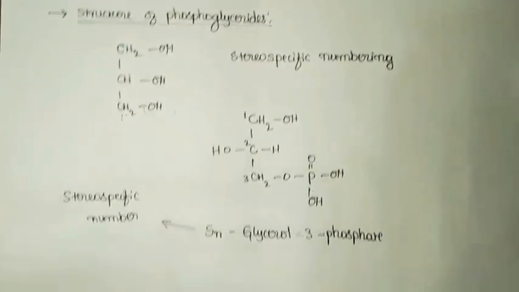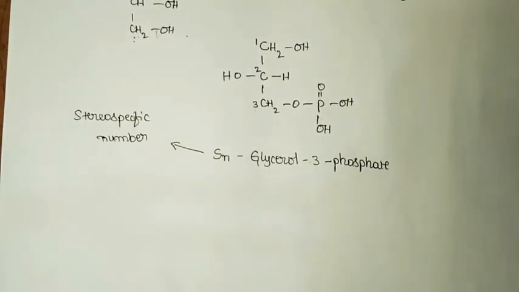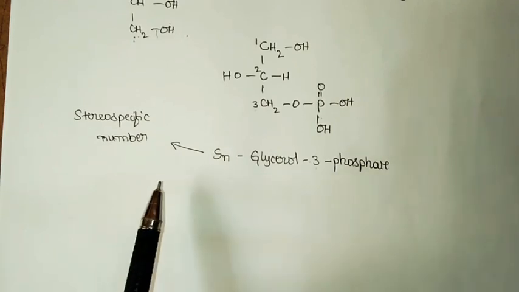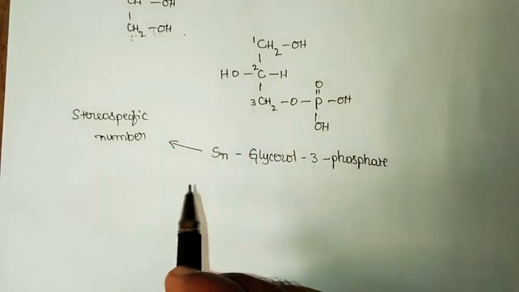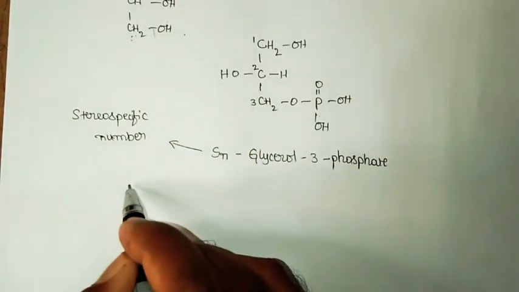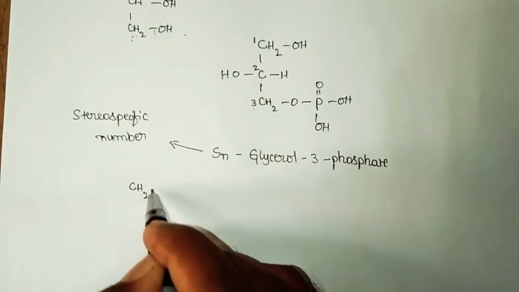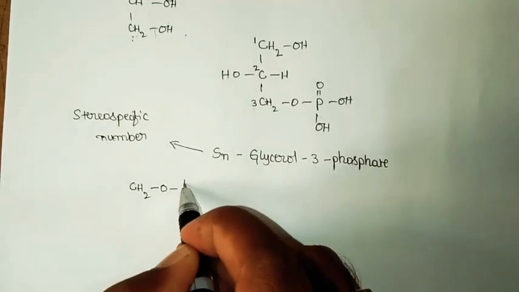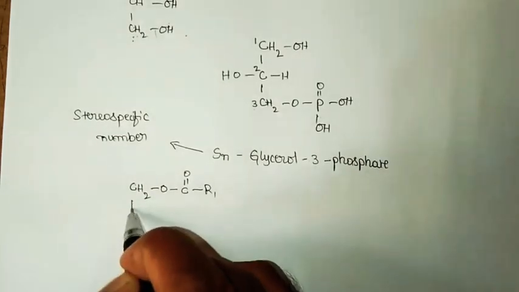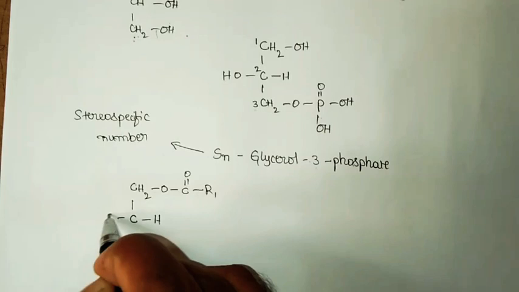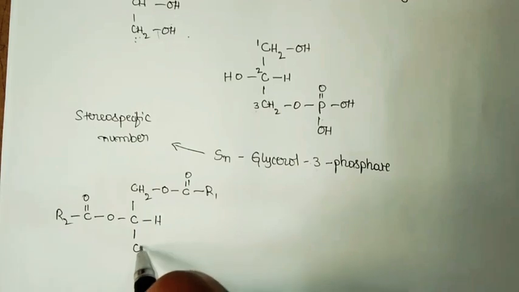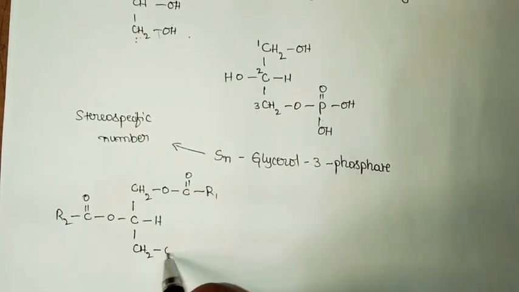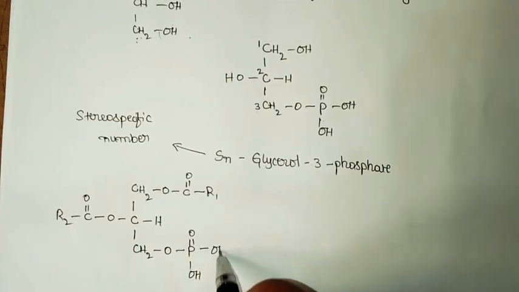In phosphoglycerides we have one phosphate group at the third position, and the first and second positions are esterified with fatty acid molecules. So the complete structure: CH2OH esterified with a fatty acid molecule, CH also esterified with a fatty acid molecule, and the third position CH2O-P(=O)(OH)OH.